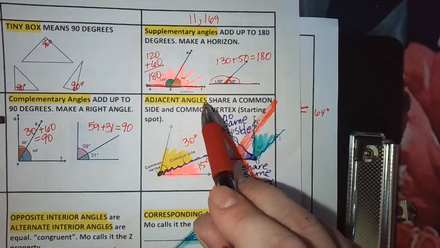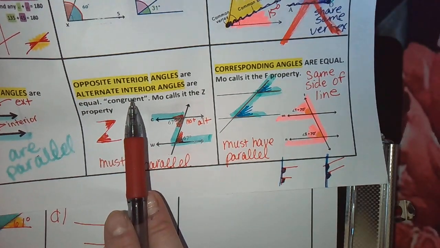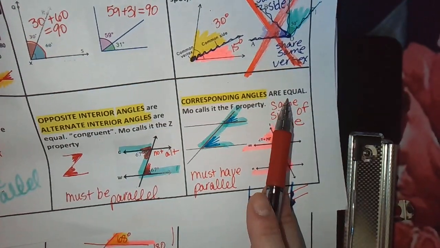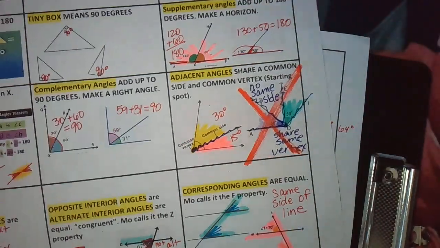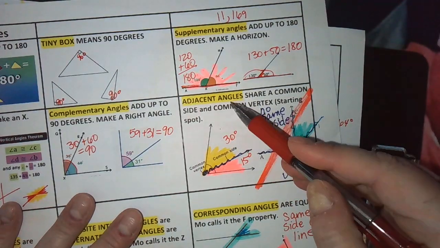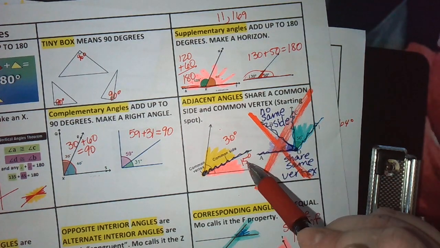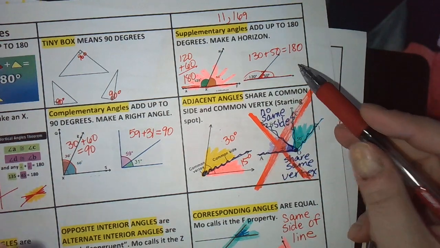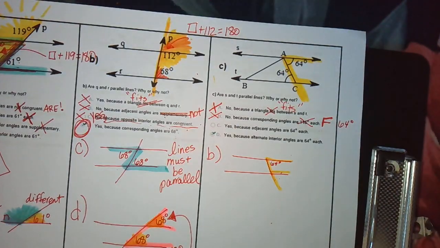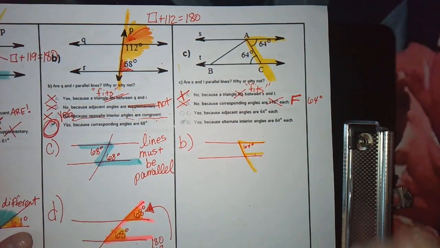So adjacent angles, it does not say anything about that word congruent, or that word equal. So adjacent angles are not the same degree number each. That would only happen if I had maybe a 45 and a 45. But adjacent angles are not 64 each.